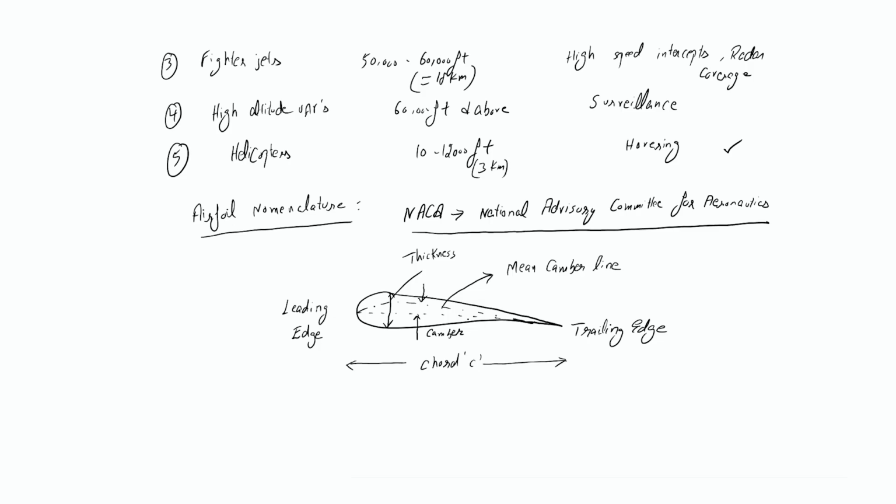So now we have defined certain parameters: leading edge, trailing edge, chord line, thickness, and mean camber line. So let me write down the definitions of each of these terms so that we are aware of what we are actually dealing with.